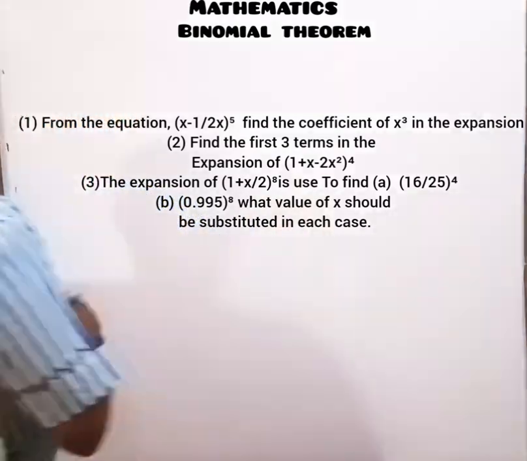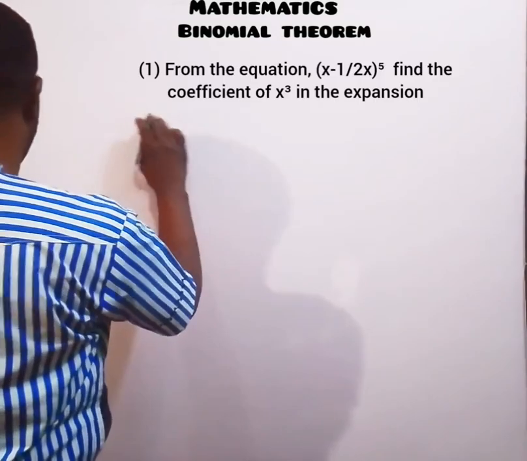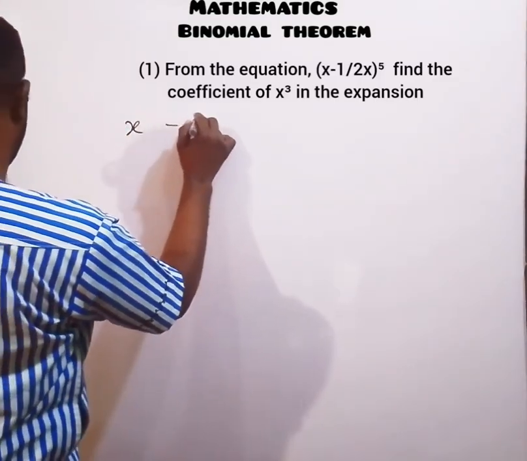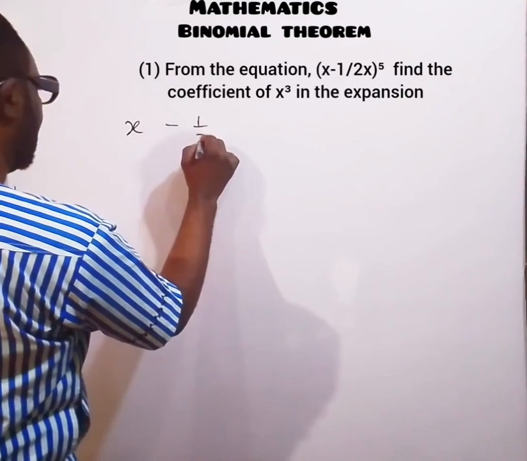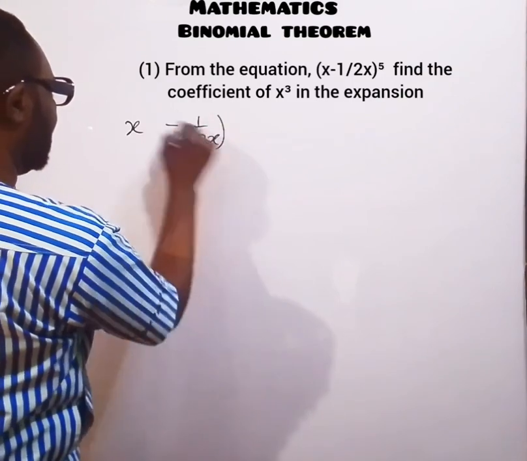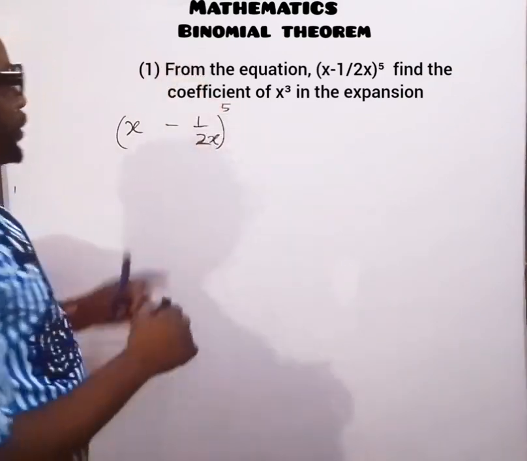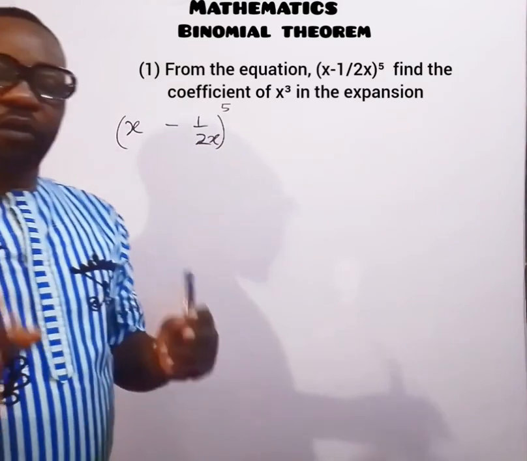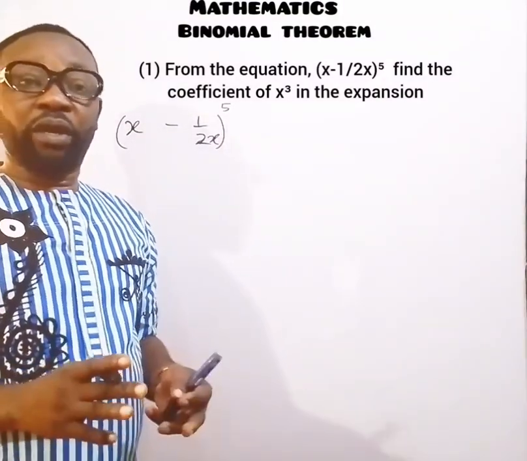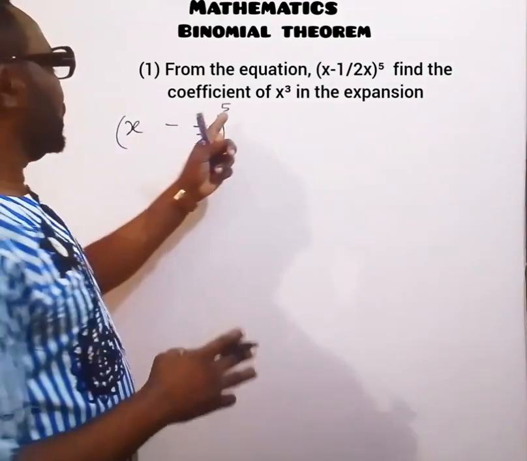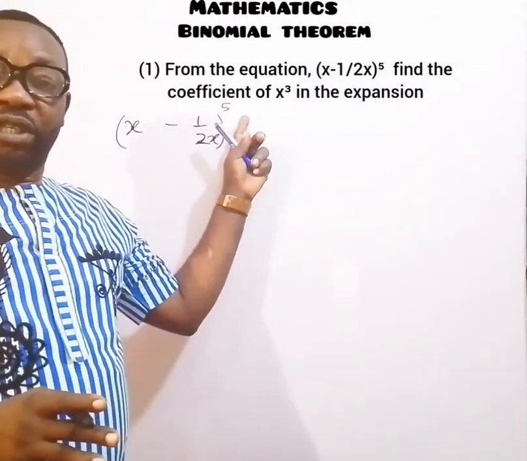Let's go. In this first question, we have (x minus 1 over 2x) raised to the power of 5. Don't forget that the first thing you are going to do here is look at the coefficient values.